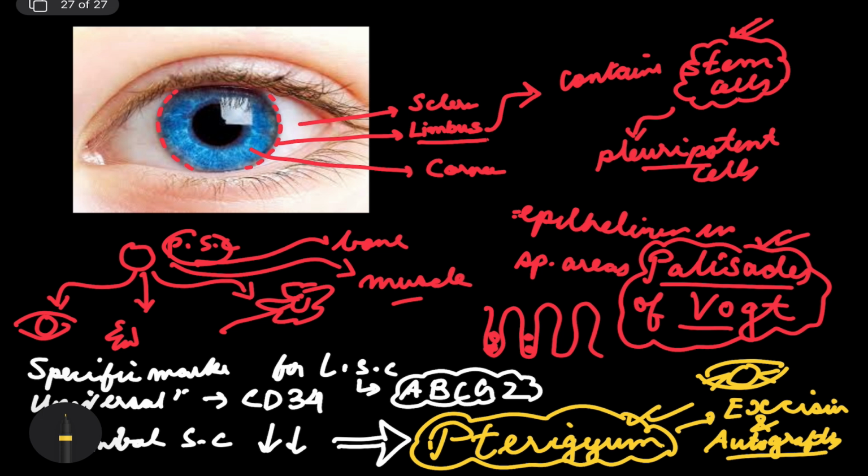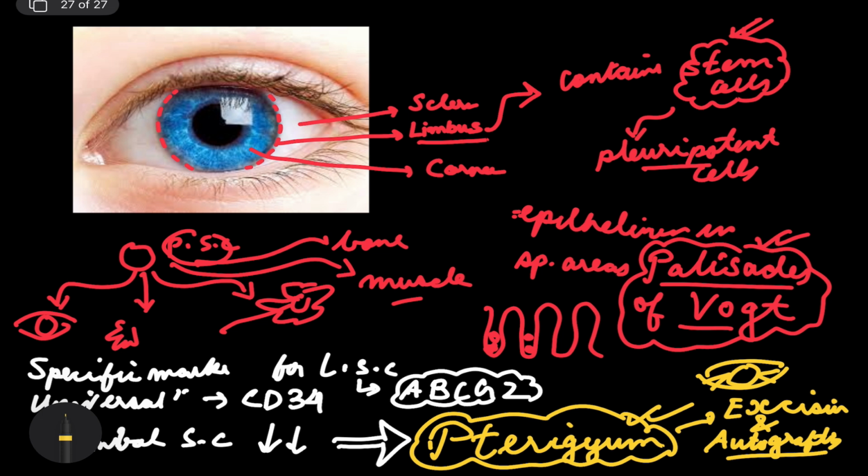How is autografting a treatment modality for pterygium? To know that, we had to correlate pterygium with limbus anatomy. That is why we have talked a little bit about pterygium in this video. We'll talk about it in a lot more detail in a separate video.